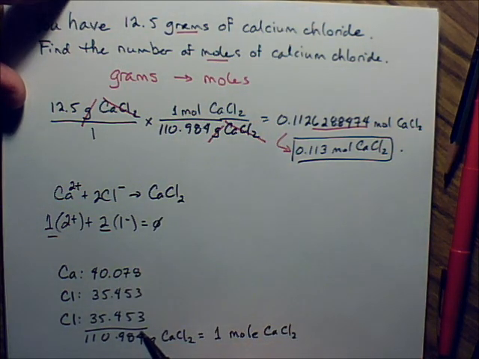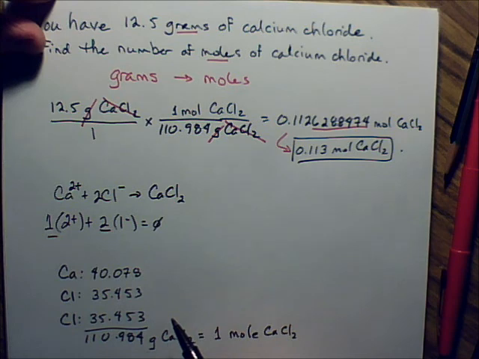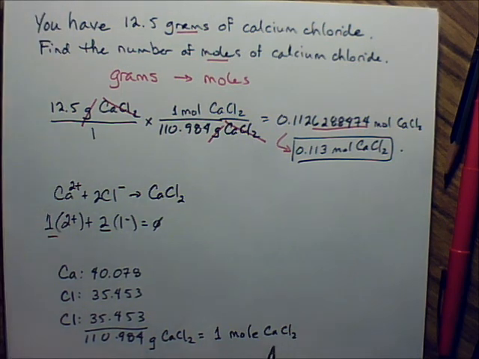Okay, this is not something you can memorize like the particles to moles, which was Avogadro's number. You've got to calculate molar mass because it's different for every species. Okay? Calculate the molar mass. Your molar mass calculation must finish with this equality statement. It's got to finish with the equality statement.